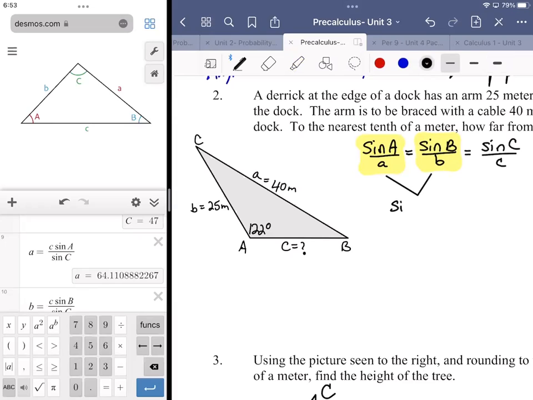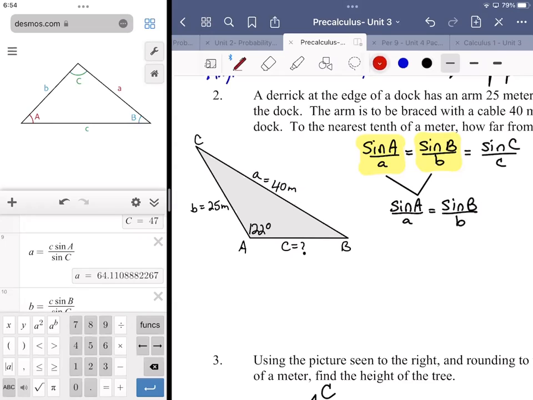So I'm going to say the sine of A over A is equal to the sine of B over B. I'm going to solve that. Well, the only thing I can solve it for is B. So I'm going to use a little hocus pocus here. Remember the product of the means, or the groupable diagonals and diagonal swapping and all that good stuff.